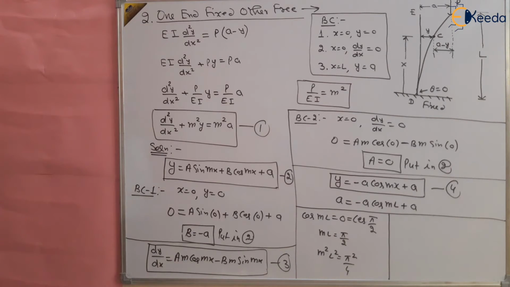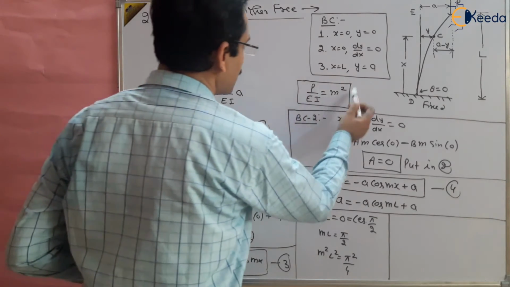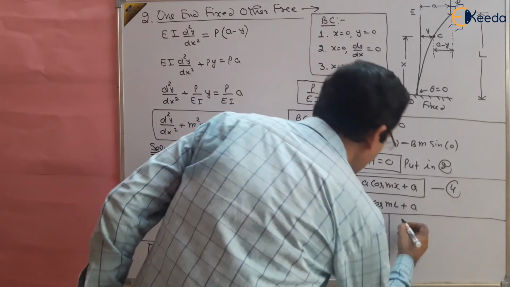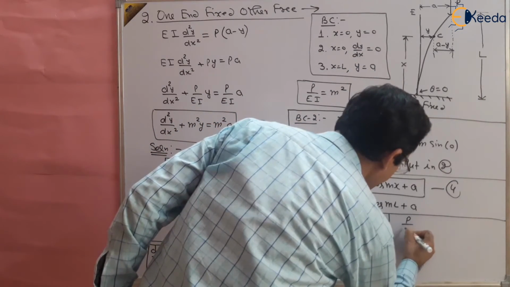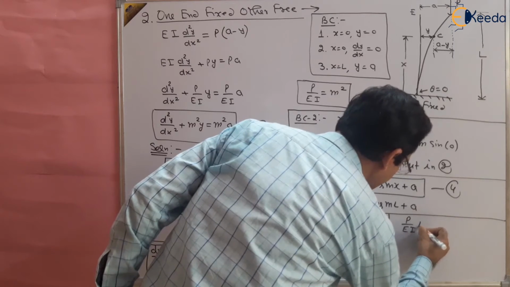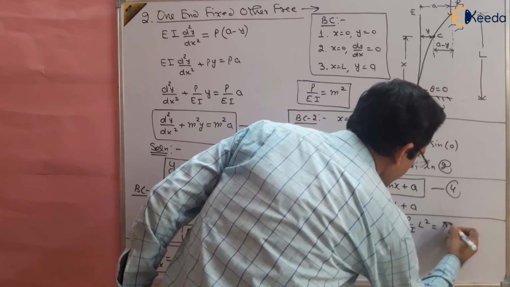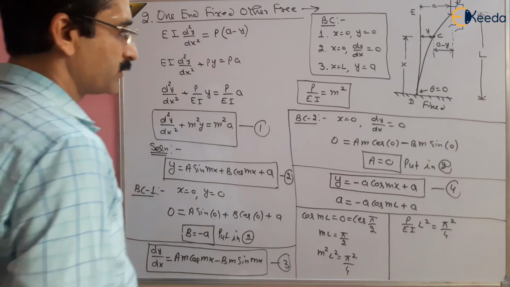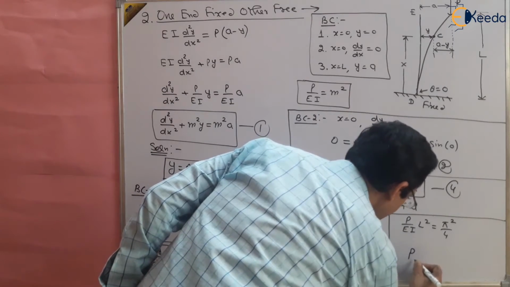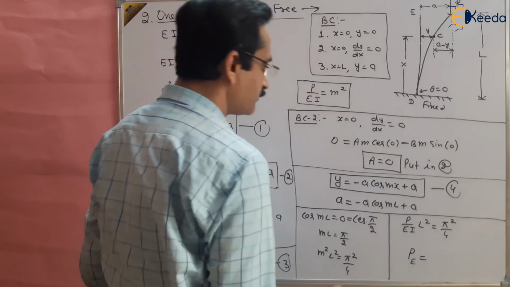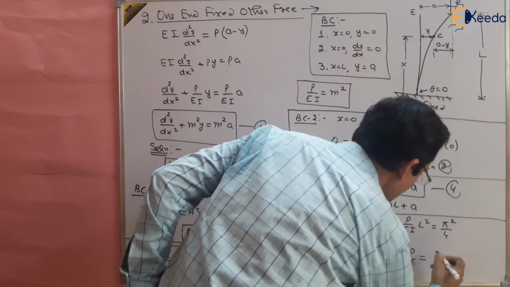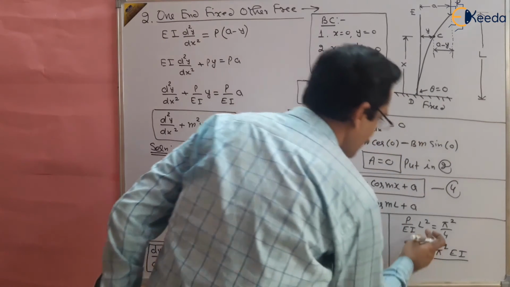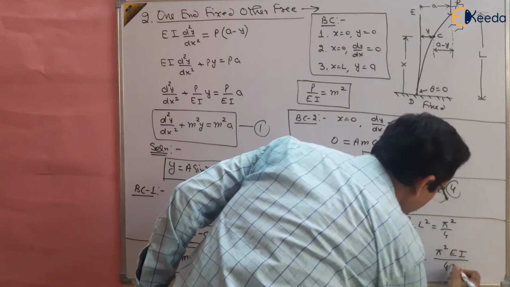And if m square l square is equal to pi square by 4, m square in terms of force P is P by EI. Put the value of m square. So P by EI times L square equal to pi square by 4, right? So from here you will get the Euler's load PE equal to pi square EI upon 4L square.